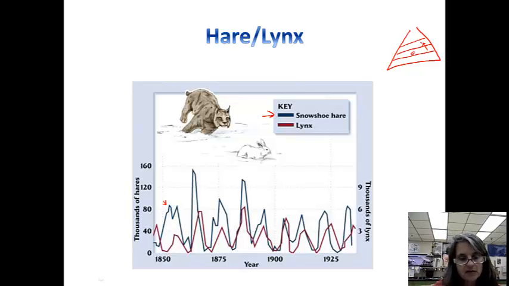But they do tend to run together, as you see clearly in this diagram. As the prey item goes up, the predator goes up, but that causes the prey item to come down in number, which causes the predator to come down in numbers.